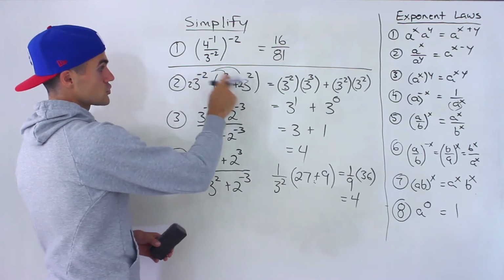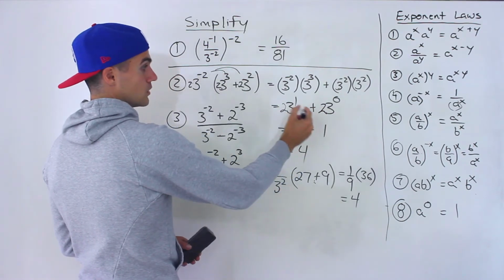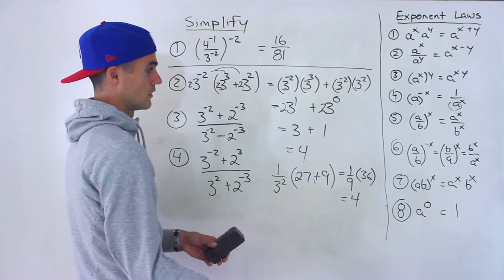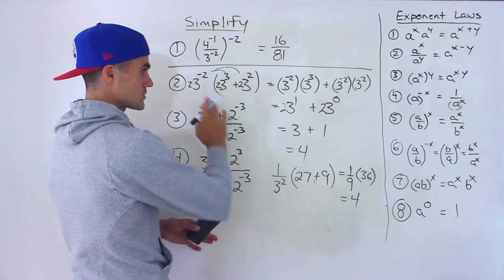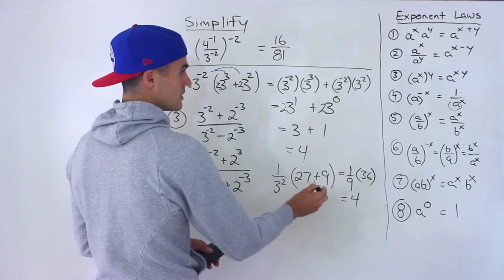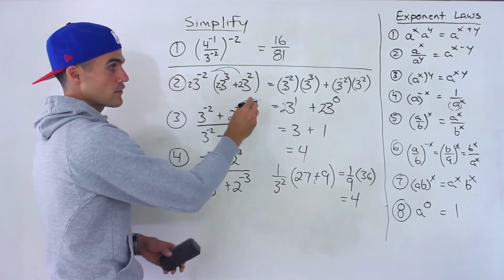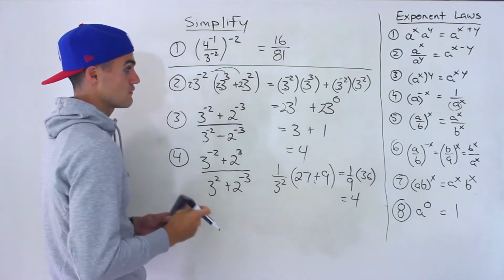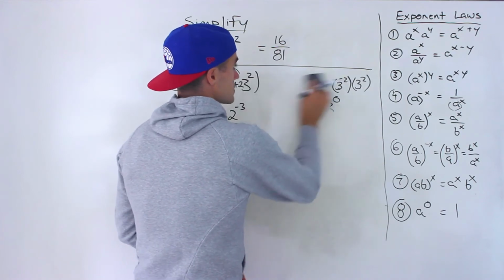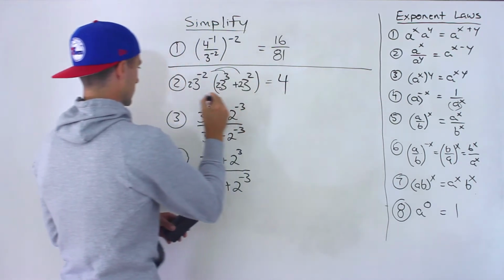So instead, if you distributed, you'd end up with 23 to the power 1, 23 to the power 0, which would be 23 plus 1, which would give you 24. Right, so in this case, because we're dealing with 3, it does look more simple maybe to go about it this way. But just be aware of this method here in case those bases get fairly large. So we got 4 for the final answer here.